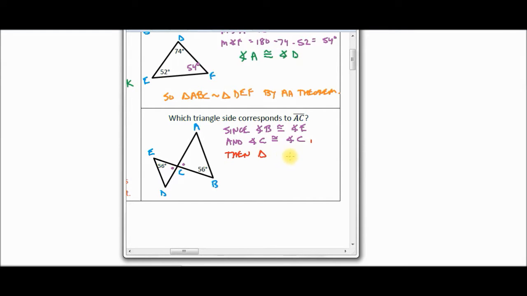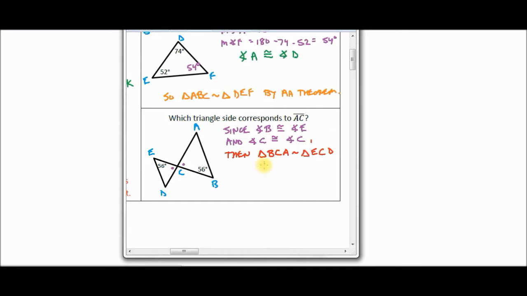Triangle, let's get this matched up right. Triangle something is similar to triangle something. Well, B corresponds to E. C corresponds to C. So what's left? We've got B, C, A, so A is left on this triangle. And we've got D, E, C. So E and C have already been noted. We've got D left over. There is your similarity statement.